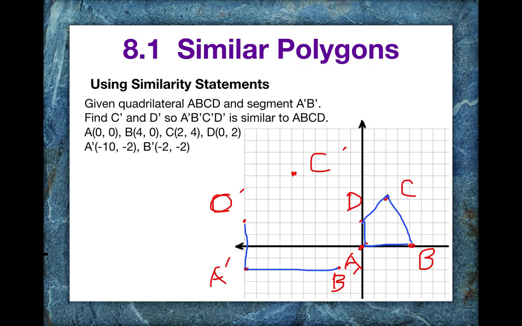And that'll become our new C prime. We connect all of these together, and there are 2 similar shapes. You can also put the points down here, and I'll leave that to you to figure out where you could put the new D prime and C prime to have congruent polygons, but down in this direction.